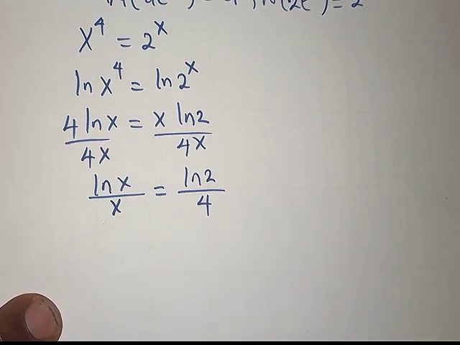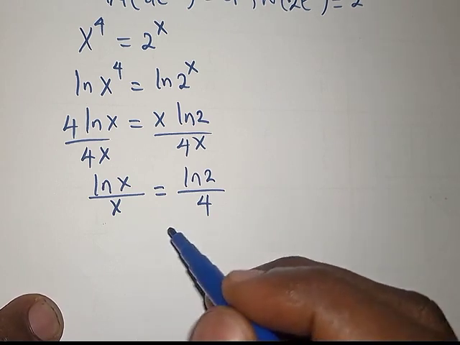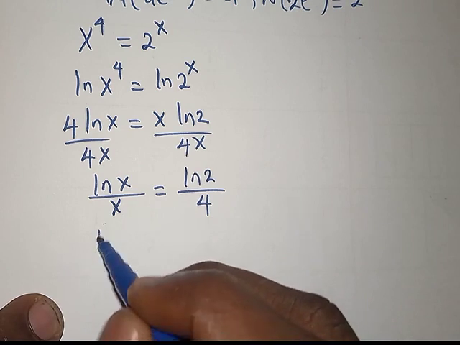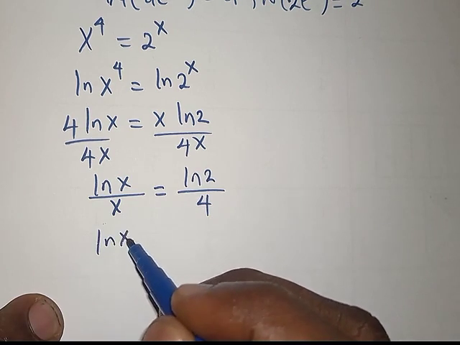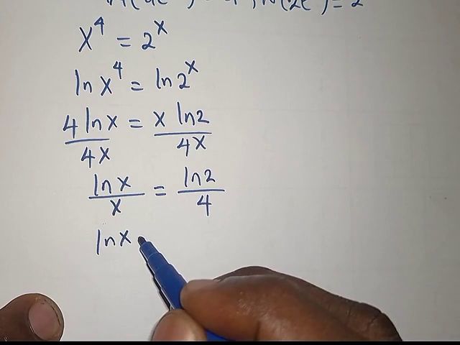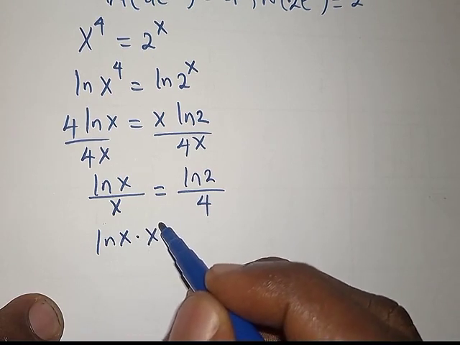So from here, I want you to recall that ln x over x can actually be written as ln x times x to the power minus 1.